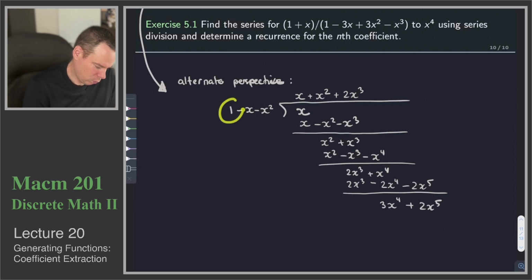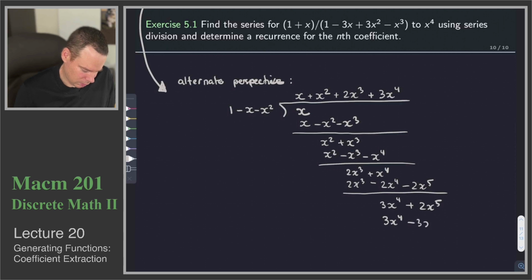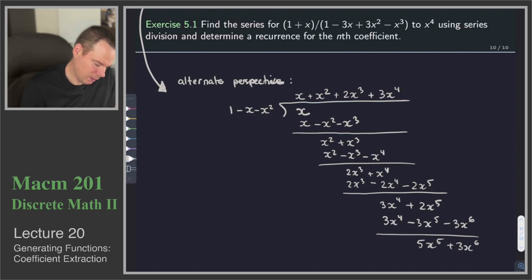How many times does 1 go into 3x to the 4th? It goes in there 3x to the 4th times. So we get 3x to the 4th minus 3x to the 5th minus 3x to the 6th. Again, take their difference: 5x to the 5th plus 3x to the 6th. And we keep going. And what are we noticing?